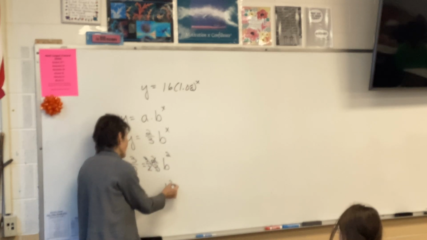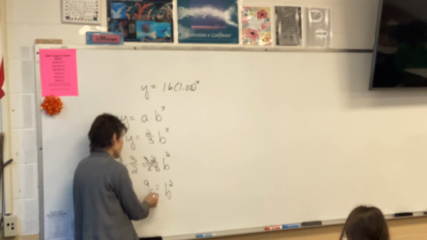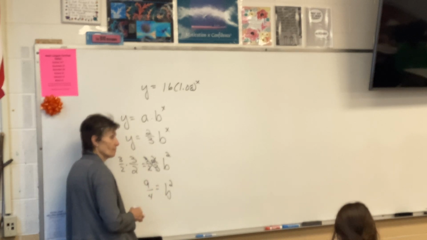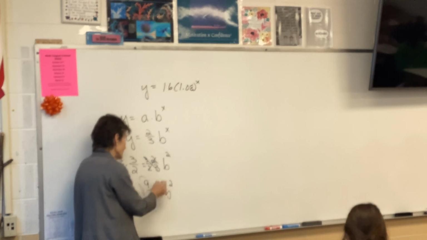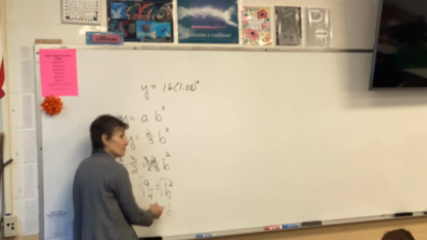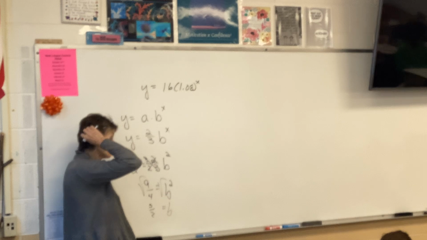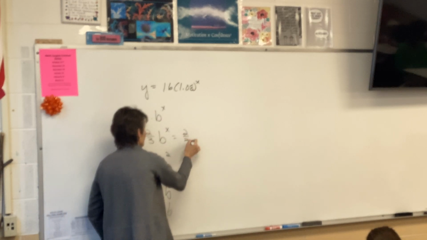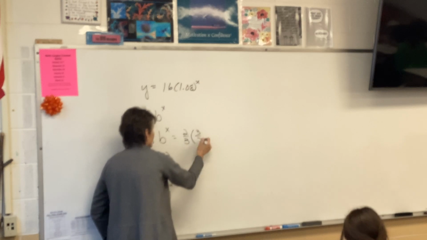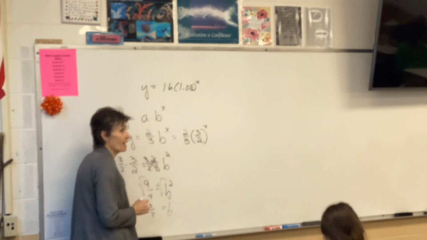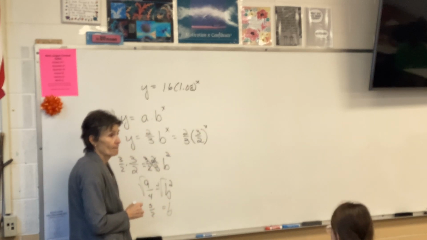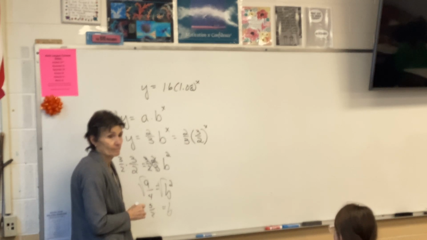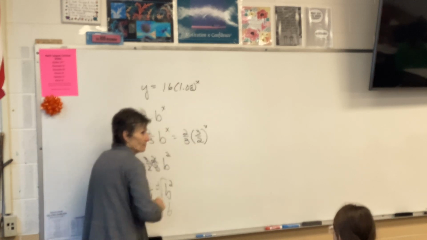So b squared equals 9/4. And that means b is 3/2. So y equals 2/3 times 3/2 to the x. 2 separate numbers, right?